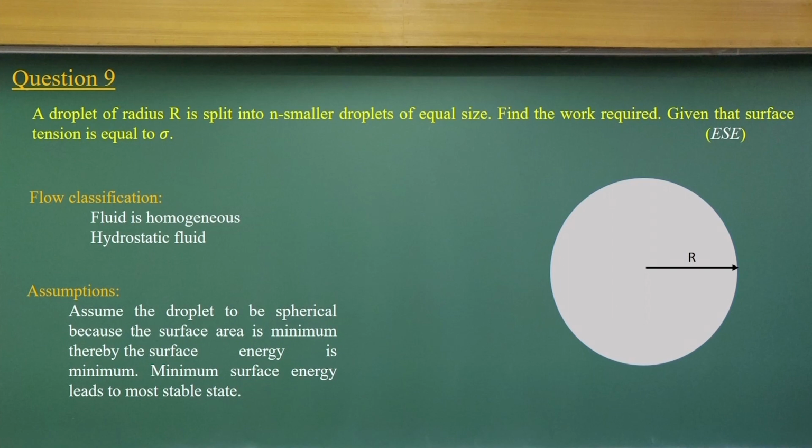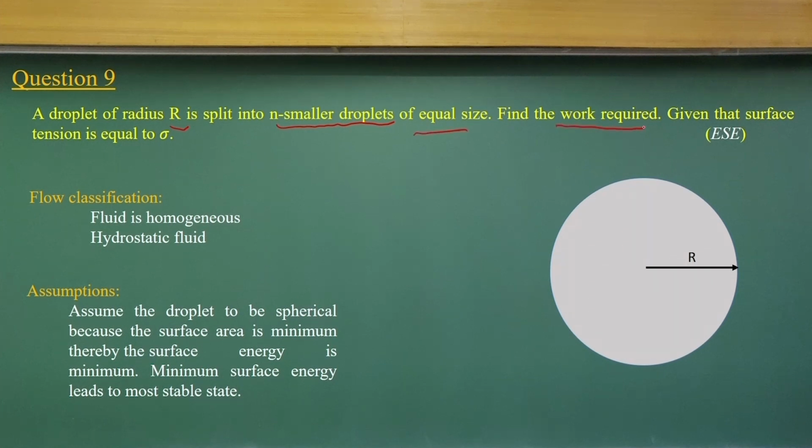Another very interesting problem is that a droplet of radius r splits into n small droplets. So, the bigger droplet is split into n number of small droplets of equal size.